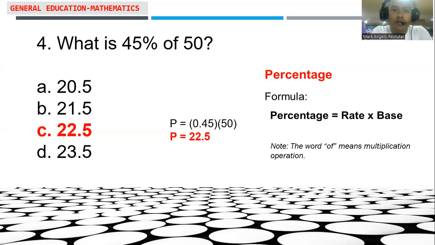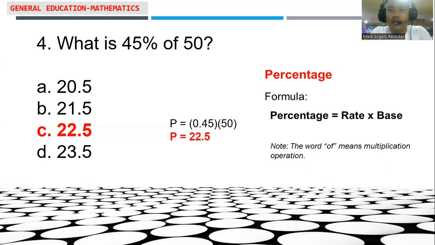Okay, so if we try to answer number 4, and it says what is the 45% of 50, meaning we are getting the 45% of 50. So in this particular case, we know that the rate is equal to 45%, and we are taking 45% of that 50, and in that particular case, we can say that 50 will be considered as the base.